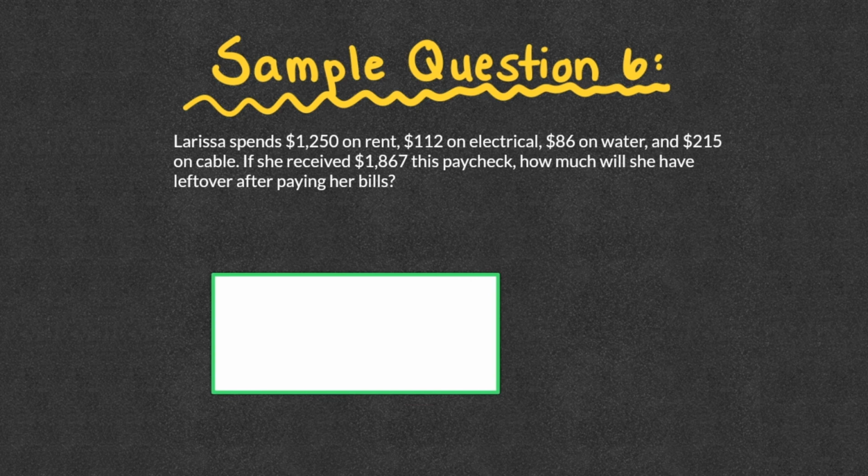And sometimes you can change the order if you really need to. But one thing that really got my mind, and this is why we read a problem first, is that I know that she receives $1,867 in total. That's for the whole thing. Everything else comes from her paycheck.